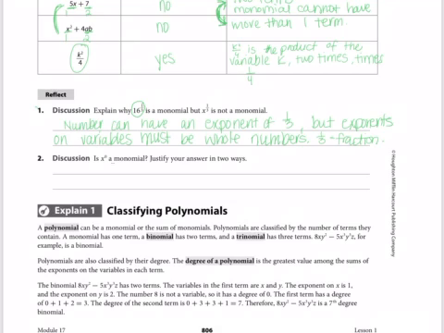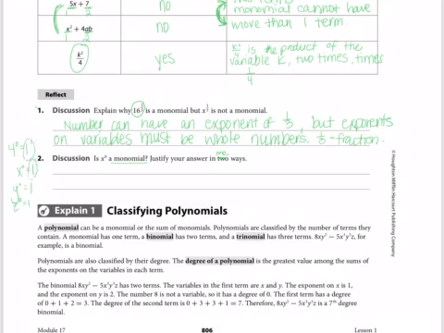So is x to the 0 a monomial? Justify your answer in 2 ways. And so I'm just going to say in one way. So think about it. X to the 0. I know that we've kind of gone over this. X to the 0 is going to be 1. So y to the 0 is going to be 1. Z to the 0 is going to be 1. 4 to the 0 is going to be 1. Anything to the 0 power is 1.